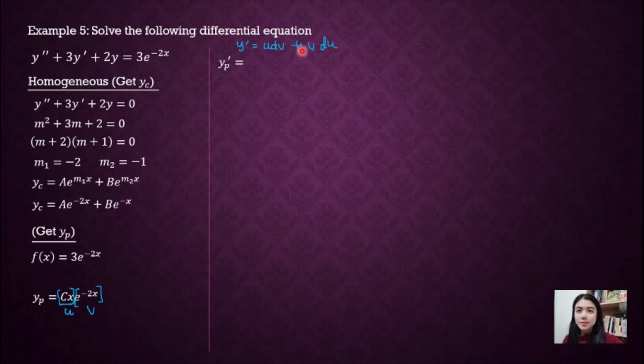So now your u here is cx, multiplied with your dv, which is actually negative 2e to the negative 2x, plus the v multiplied with du, which will give you c. Now let's just simplify this one. If you simplify, that is our y prime. Again, you have to differentiate again.